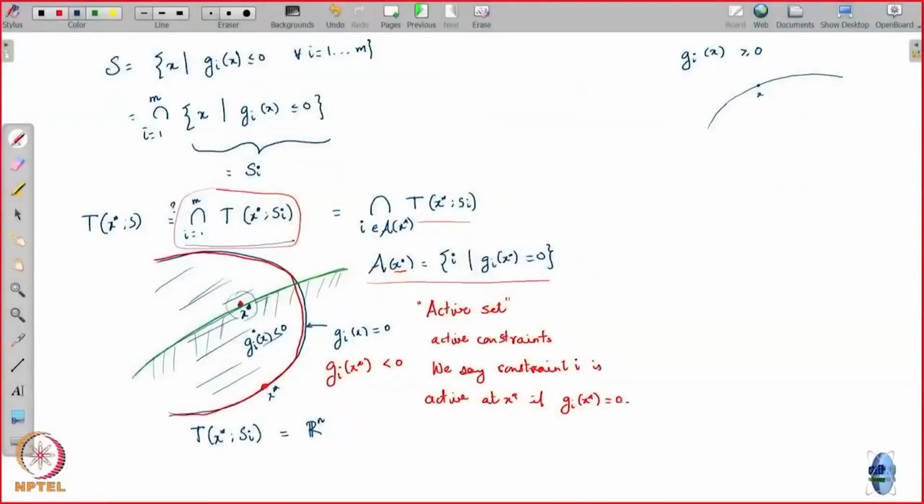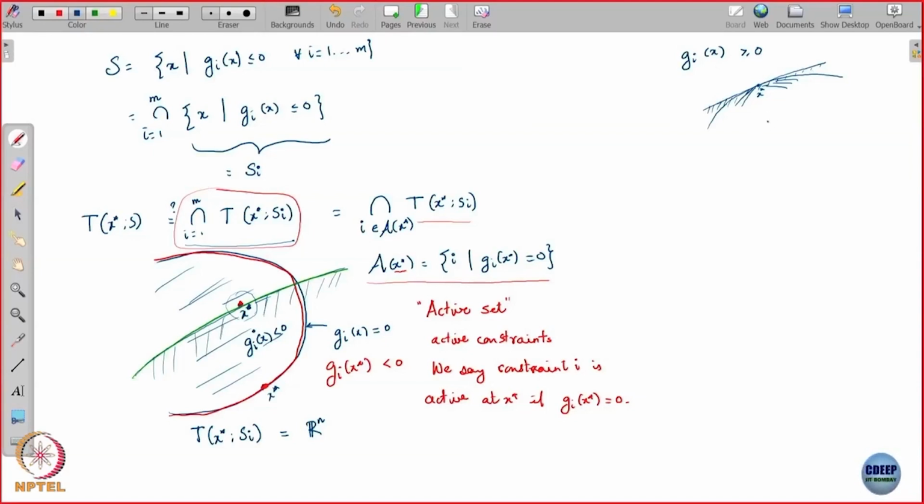So, I am looking at a point x star which is on the boundary. Geometrically, what I need to do is look at all these directions by which I can approach the point x star, all the way till I get to the tangent surface, the surface that is tangent to this constraint at x star.